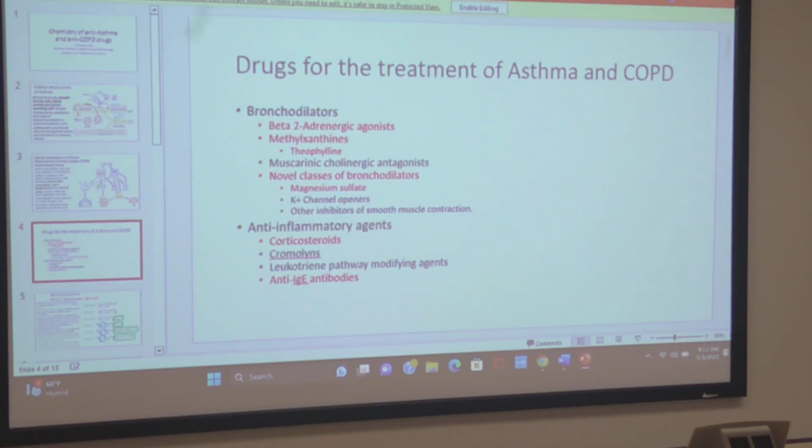Then under anti-inflammatory agents, I'm going to talk about the corticosteroids, and then the modulators, anti-IgE antibodies. Only the last class is the only drug which is a protein in nature.